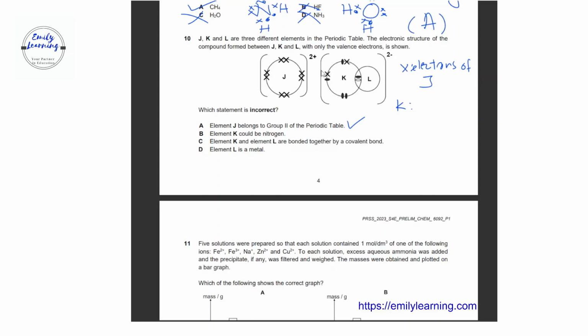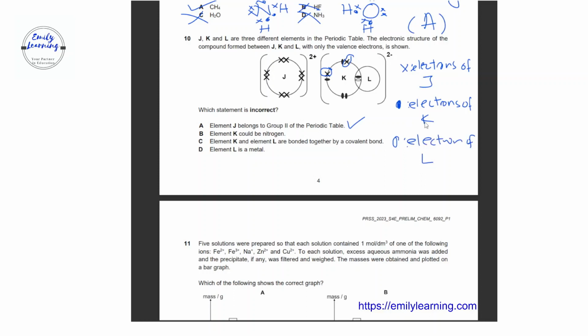The cross tells us that it is K that has gained electrons from J, because from here we know that the crosses are the electrons originally from J. So in other words, these are the electrons of K. And from here, we can deduce that the white circle refers to the electron of L.